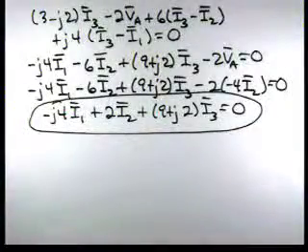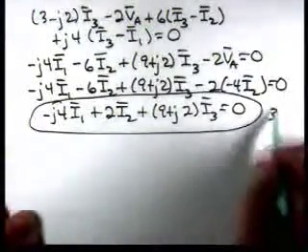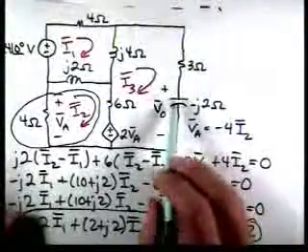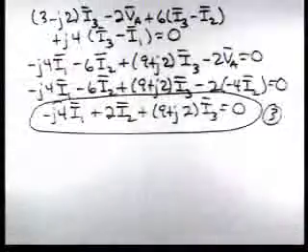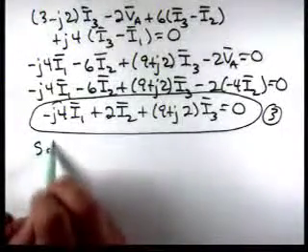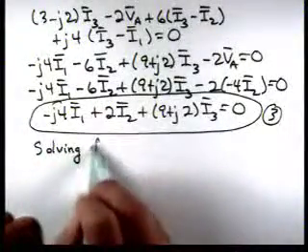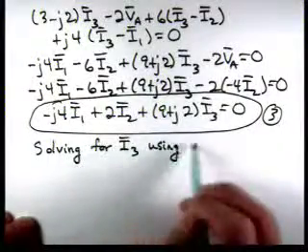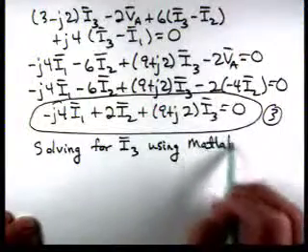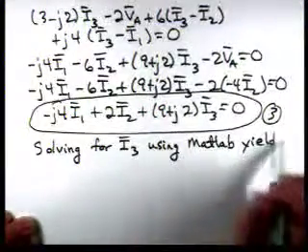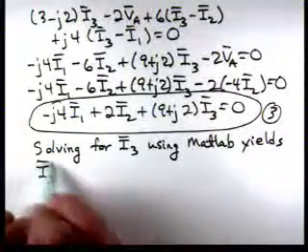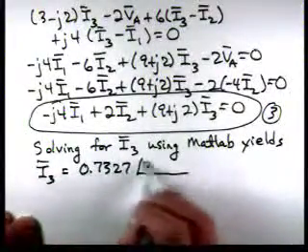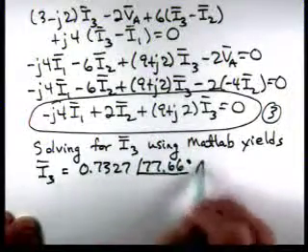There's our third equation. As we've already discussed, we really only need to solve for I3 because that's the only mesh current that flows through this element. So solving for I3 using MATLAB yields I3 equal to 0.7327 at an angle of 77.66 degrees.